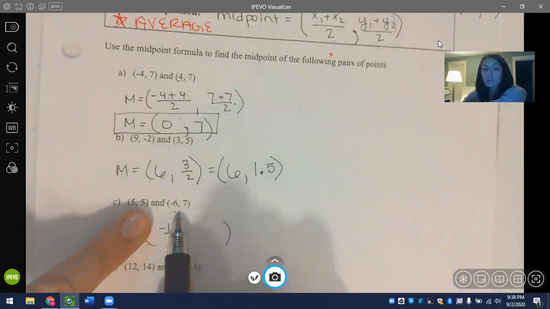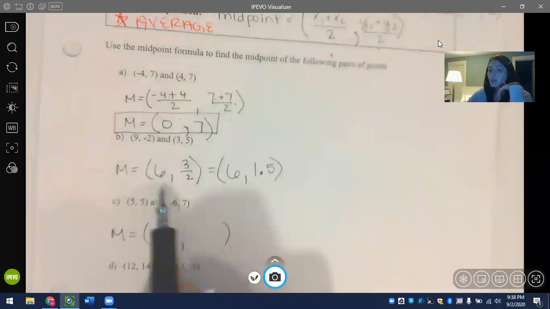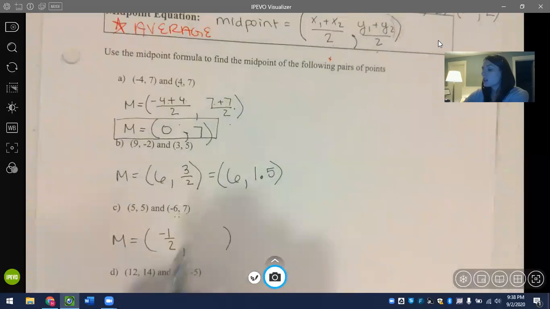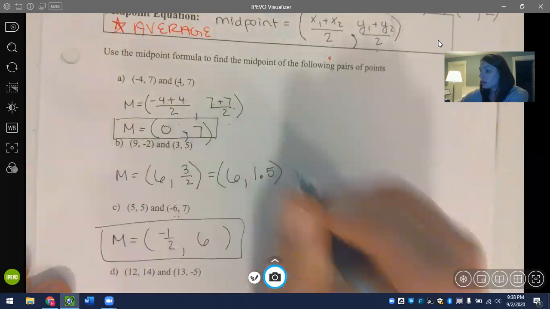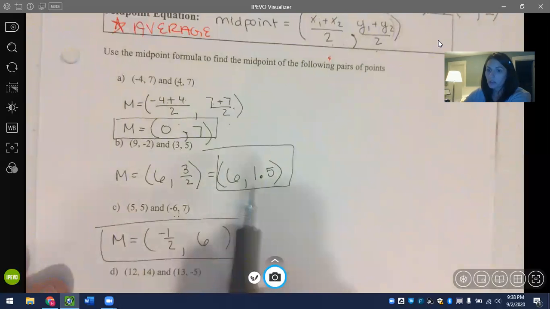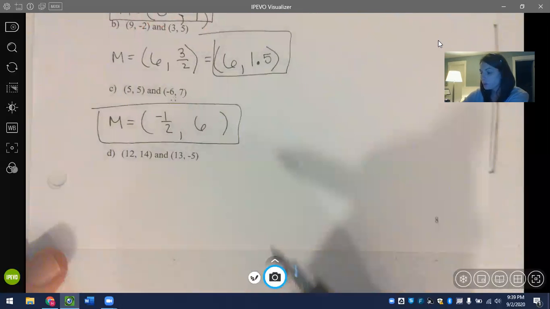The average formula is going to do the same thing. Adding my y's, 5 and 7 is going to give me 12. Dividing by 2 gives me 6. And I don't care if you write 3 halves or 1.5, however you want to write it is fine with me when it's a fraction for your midpoint.